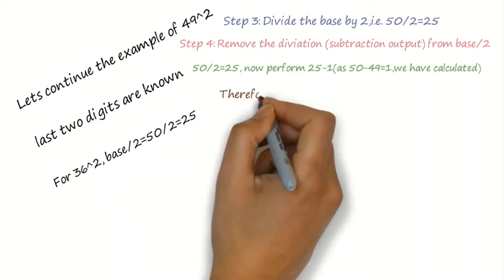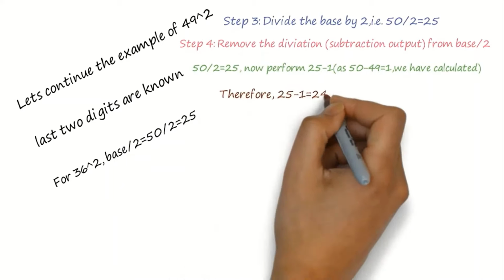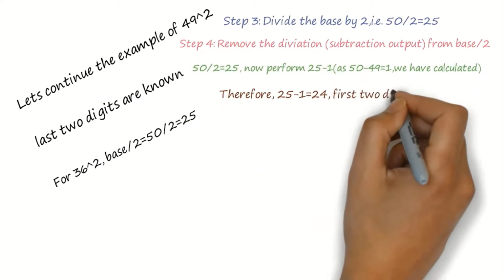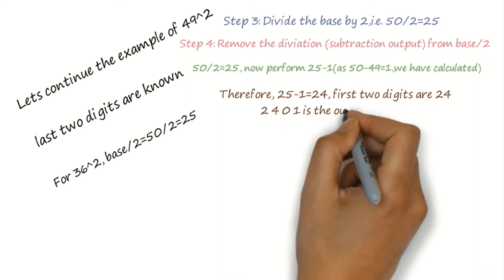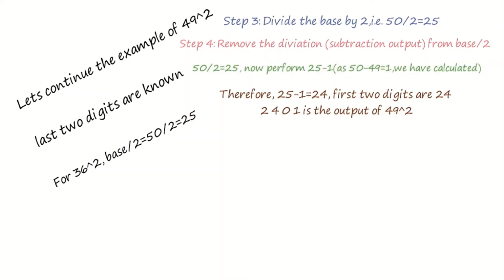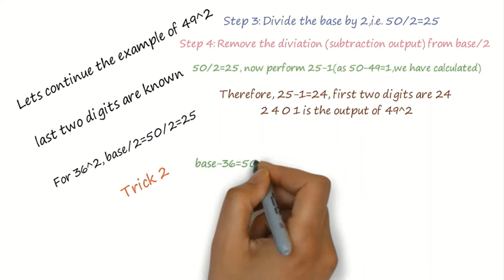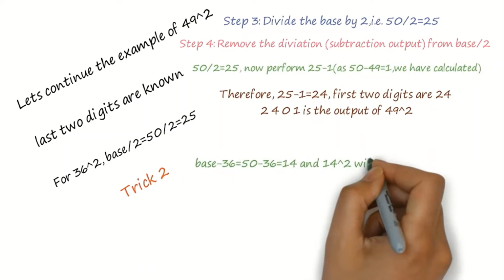And according to step 4, 50 minus 49 is equal to 1 is the deviation for the first case. And it will be subtracted from 25 and we will get 24. Therefore, 24 is the first two digits and 01 is the last two digits. So, 2401 is the result of 49 square.